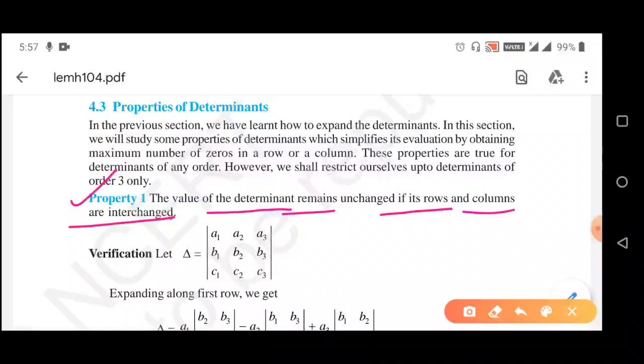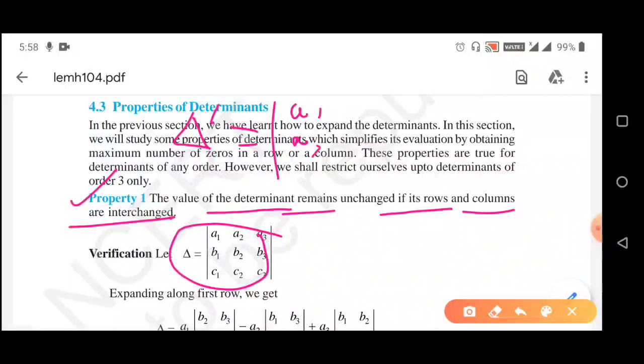That means suppose this determinant is given, and if we write another determinant like this, the first row will be the first column, because here it is said that rows and columns are interchanged.